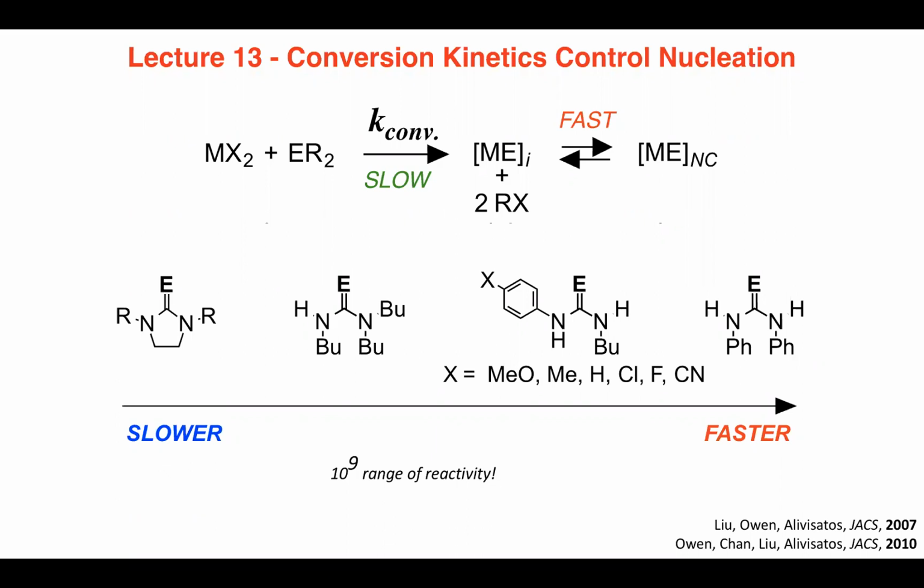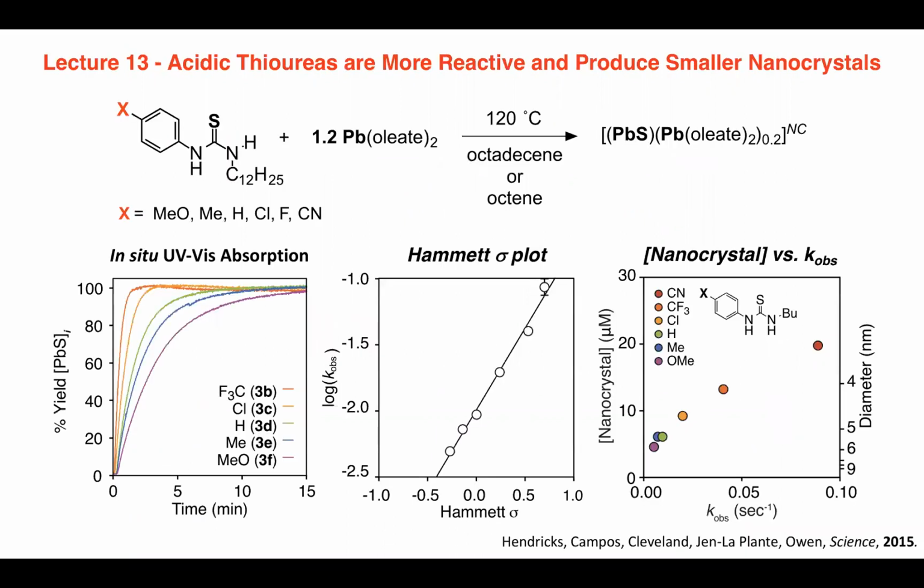So when you use these sorts of compounds to make particles, there's examples here, one of the early ones from my group, showing the reaction of the thiourea with lead oleate to make lead sulfide. You get different kinetics of the conversion reaction. Okay? These are conditions where the breakdown is the slow step in the process. The previous graph I showed the conversion reaction being slower than the consumption.